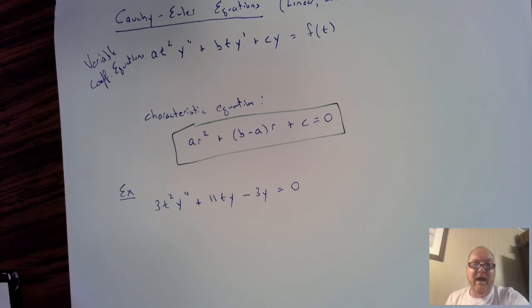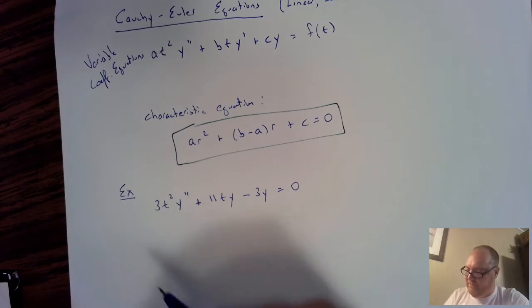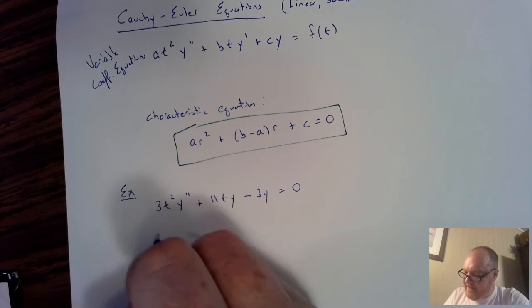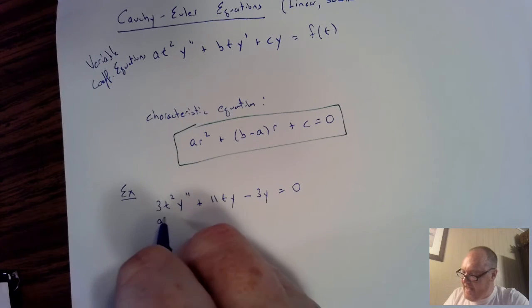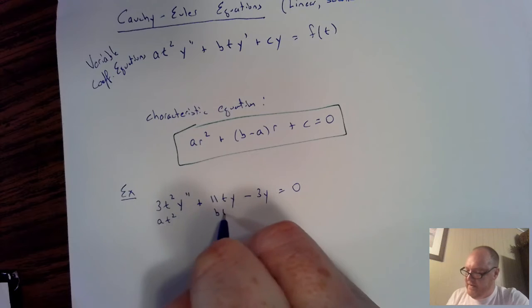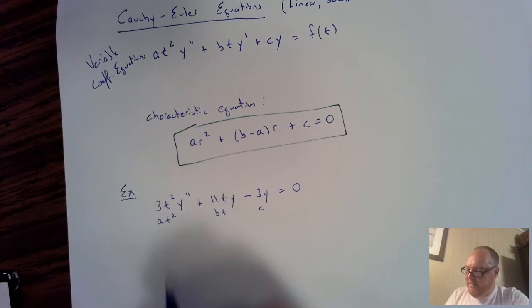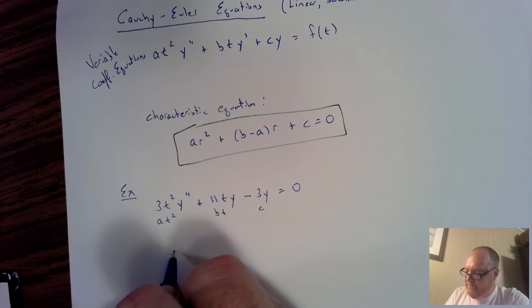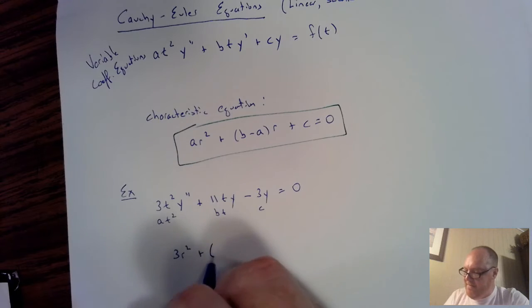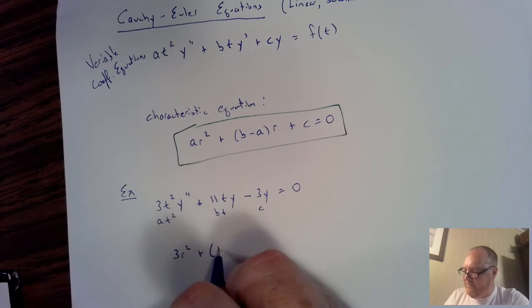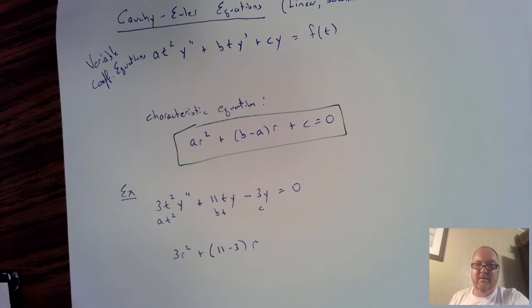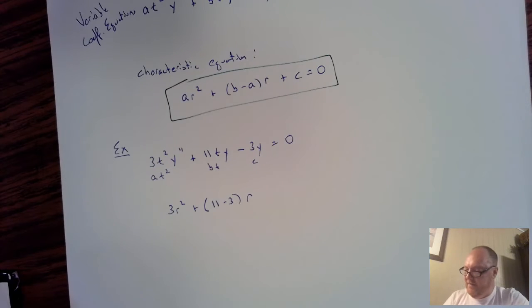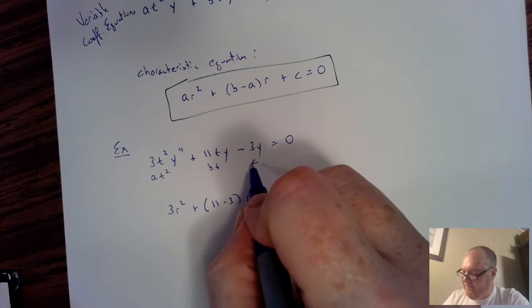Okay, so I want to write the associated characteristic equation. If I think about this as a, b, and c, I have 3r squared plus (b minus a), 11 minus 3, and then plus c, in this case negative 3.